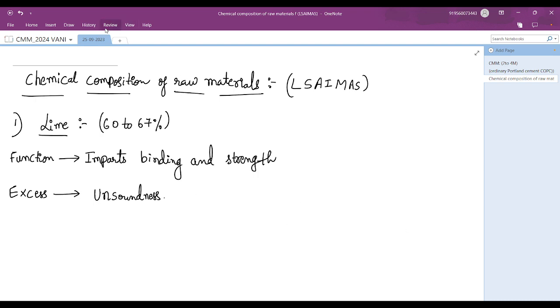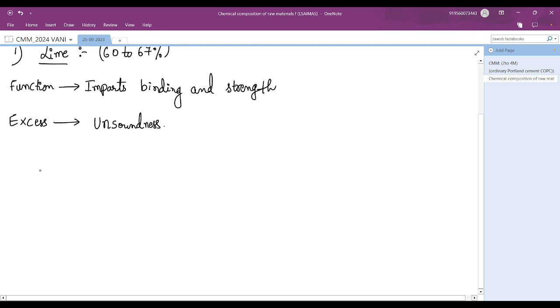First you please try to understand what is meant by this unsoundness, and later we'll discuss how the excess of lime will cause unsoundness.